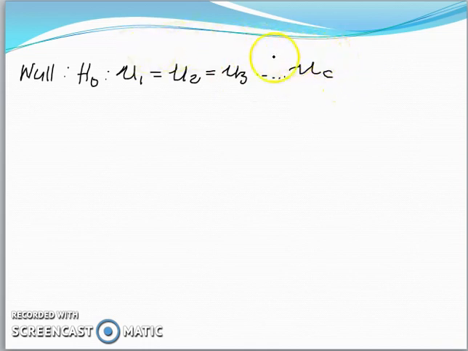And the number of groups is C, I'll remind you. Then my alternate hypothesis would naturally be not all groups are equal. I prefer to write it as not all groups are equal.